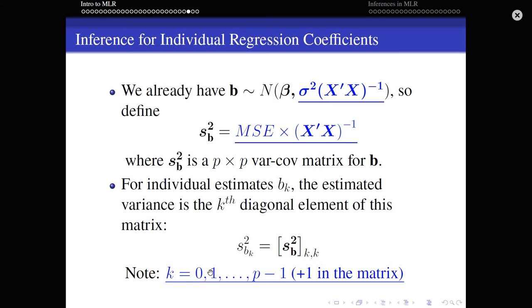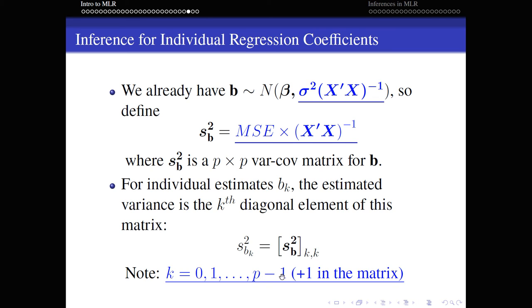So the variance term for b sub 0, and again, we take the square root to get the standard error of b sub 0, is the 1 by 1 entry in this variance covariance matrix. So 0 would be in the b subscript, and then 1 would be in the matrix, and so forth.